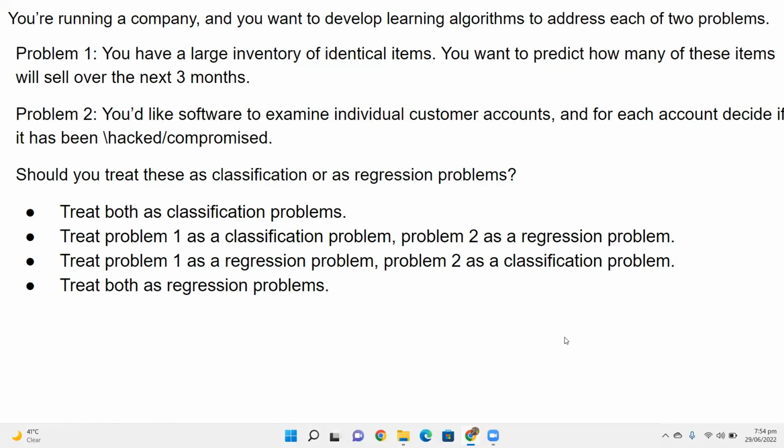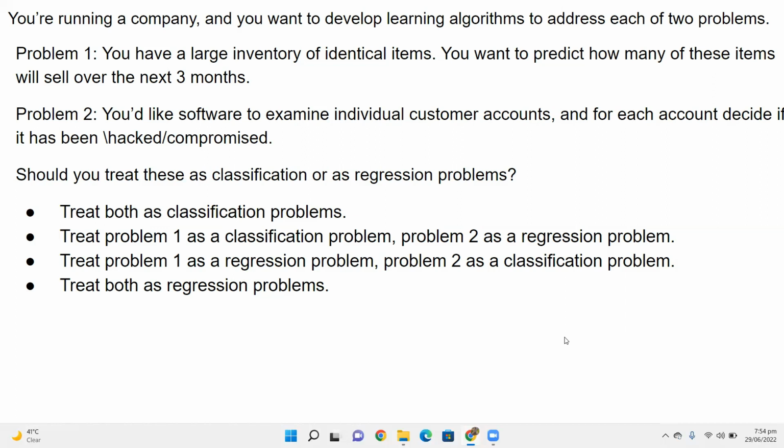Just like your breast cancer example where 0 is benign and 1 is malignant, I might set this to be 0 or 1 denoting whether it has been hacked, and have an algorithm try to predict one of these two discrete values. Because there is a small number of discrete values, I would therefore treat it as a classification problem.